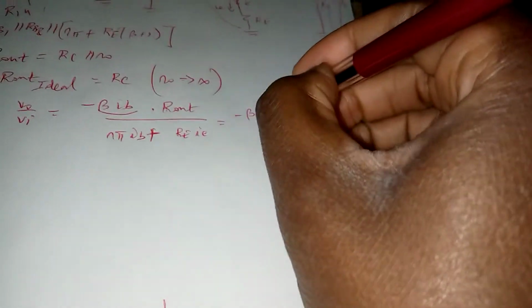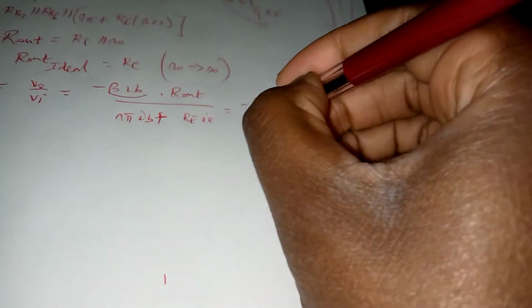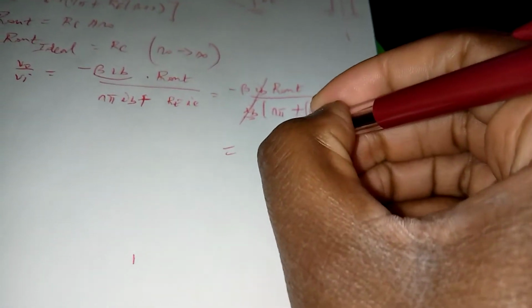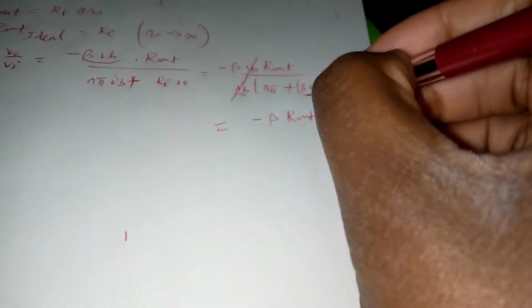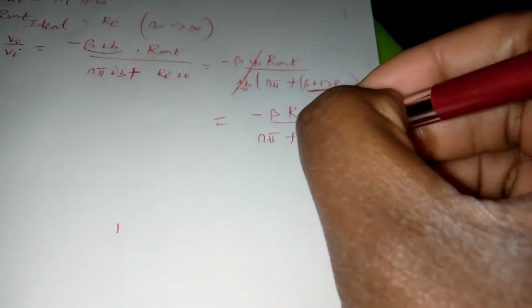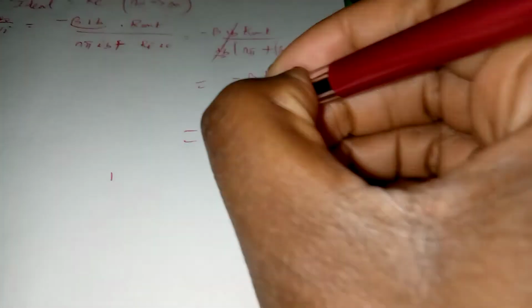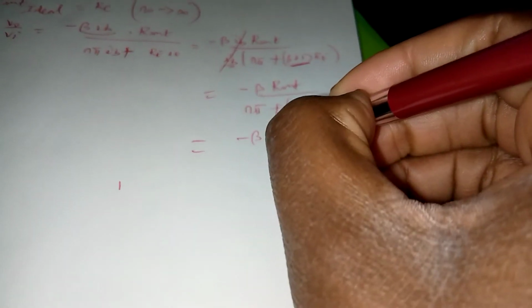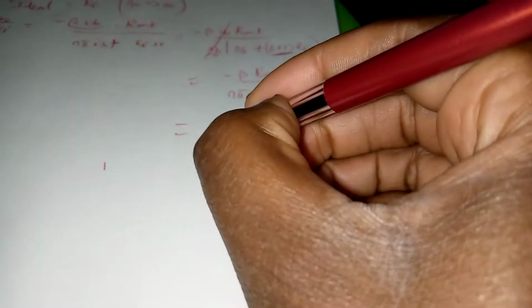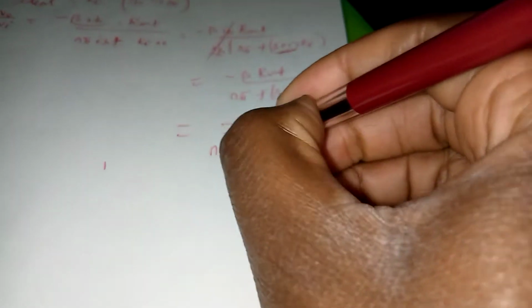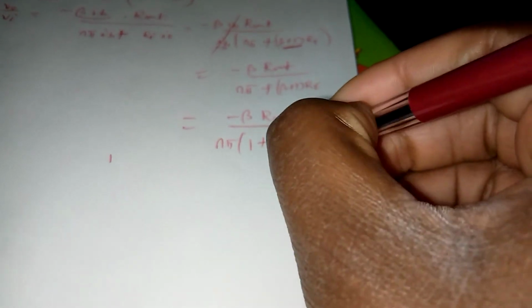IE being equal to beta plus 1 IB, we can put IB as a common factor and we get R pi plus beta plus 1 RE. Because IE is beta plus 1 IB, IB can cancel, and we're left with minus beta R out divided by R pi plus beta plus 1 RE. Once more, if we put R pi as a common factor, we get beta R out divided by R pi times 1 plus beta plus 1 RE over R pi.